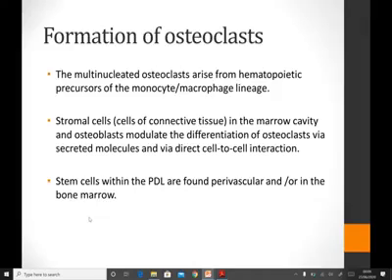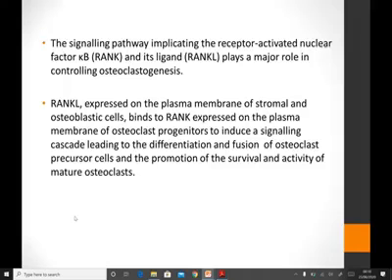So it could be either via secretion of certain molecules or by direct cell to cell interactions. The stem cells within the PDL are found around the blood vessels, which we call the perivascular location, or they may be found within the bone marrow itself.